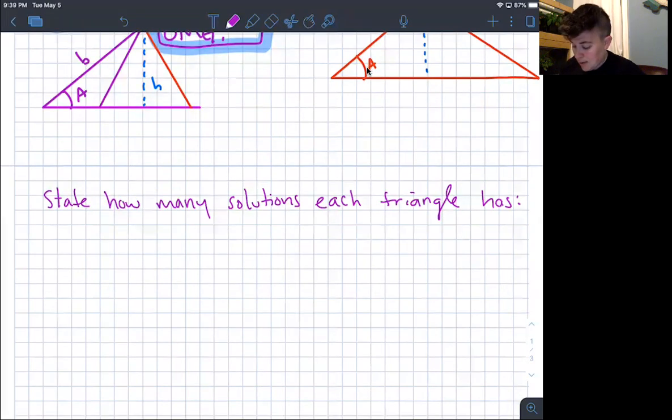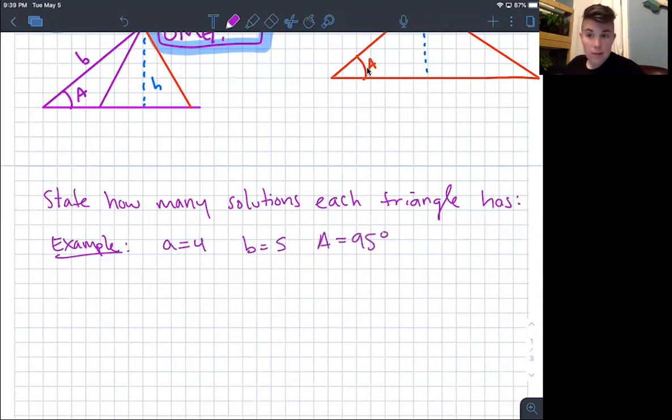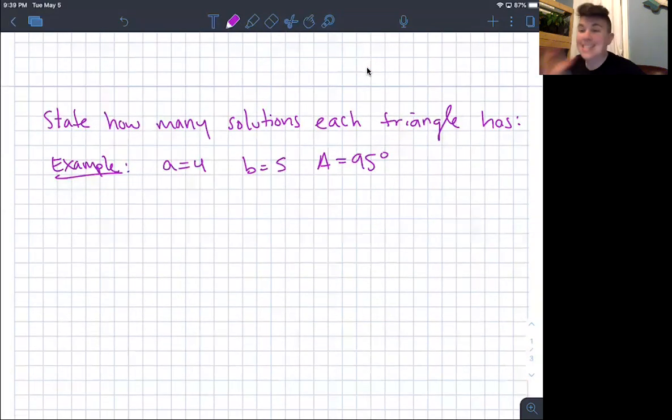So for example, let's call this side A is 4, side B is 5, and angle A is 95 degrees. Let's sketch it first so we can figure out whether we actually have a side-side-angle ambiguous case situation.